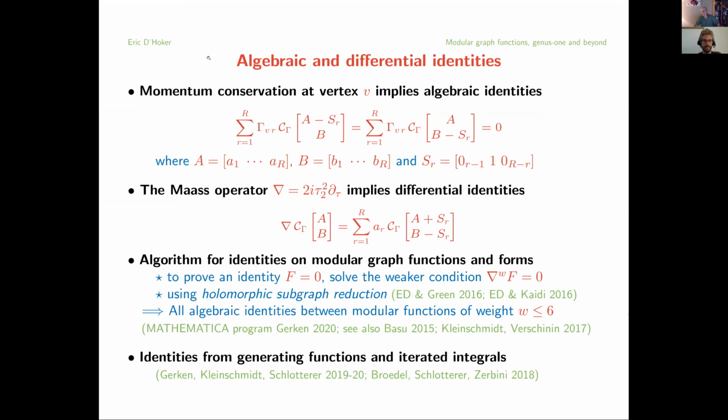Okay, now this space closes not only under the Laplacian, but actually under a more elementary operator, and that's the success of it. So there are actually two sets of relations between these functions. The first ones are the relations due to momentum conservation. So basically in the numerator, you can insert 0 by saying that it's the sum of all the momenta at a given vertex, and then write this out as a relation between these functions.